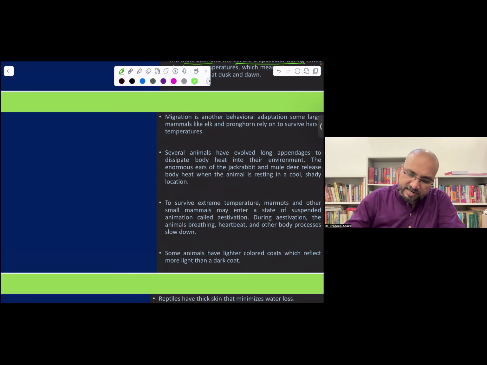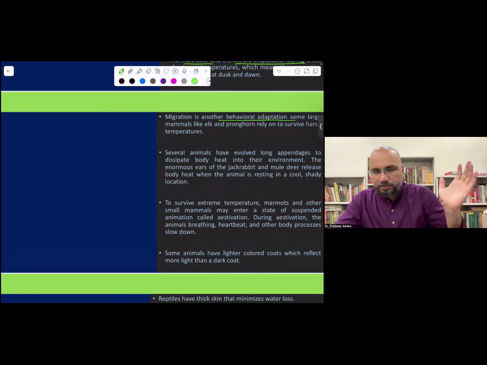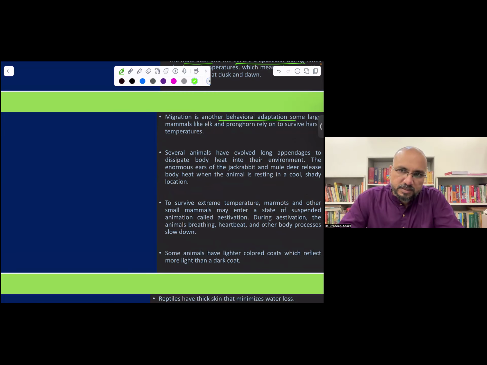Migration is another behavioral adaptation. So when the conditions become harsh, animals move to an area where it is more comfortable. So where a water source is available, they will move to those areas. So several animals have evolved long appendages to dissipate their body heat into their environment. So we have seen these.